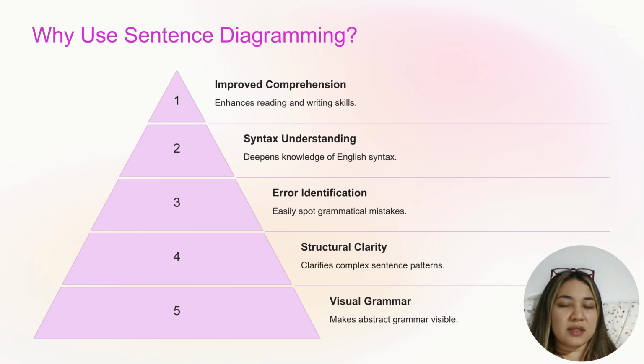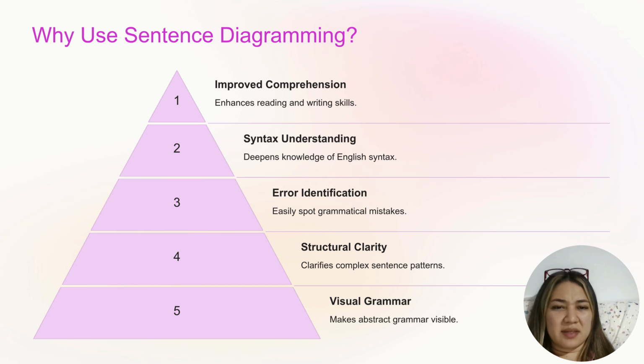Or many students. So their goal was to make grammar easier for us to see and understand, specifically the structure of the sentence. First, improve comprehension, and then syntax understanding.